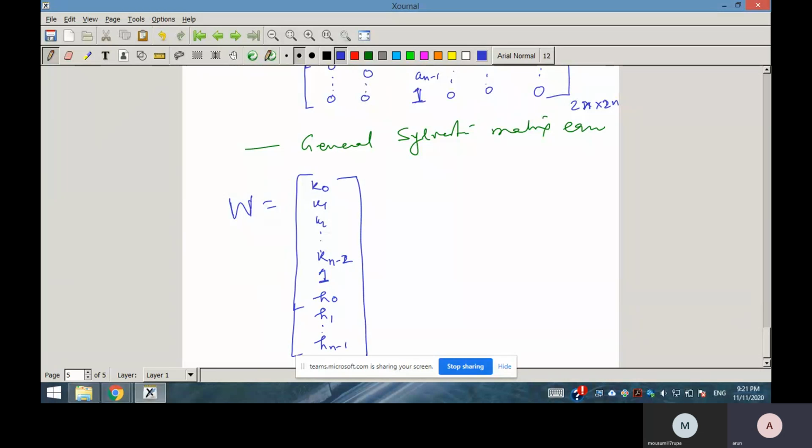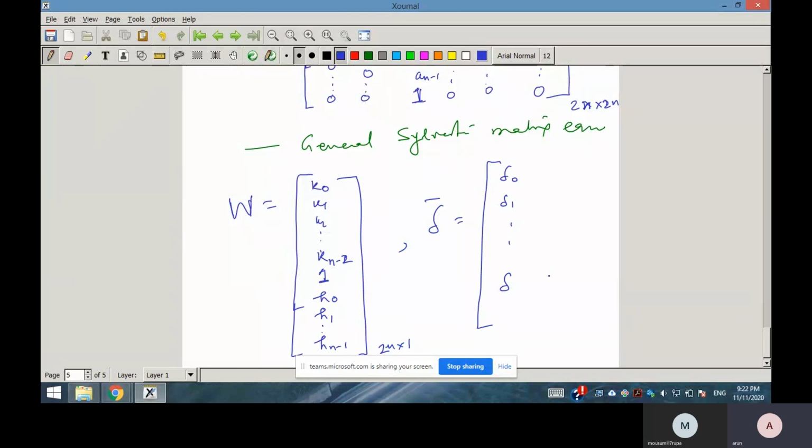So this is your 4n cross 1, sorry, it will be 2n cross 1, and your delta bar will be delta naught, delta 1, up to dot dot dot delta of.